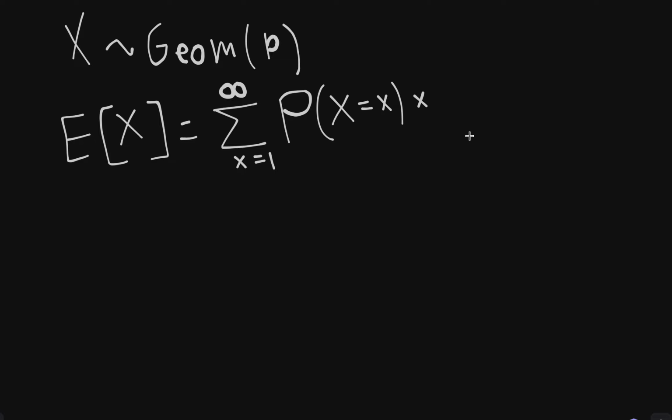So remember, the probability mass function for a geometric random variable is 1 minus the probability of success to the x minus first power. You have to have x minus 1 failures first. And then multiplied by p, because you finally get a success on the xth trial. And then we still have multiplied by x from before. Then we're summing over our support.